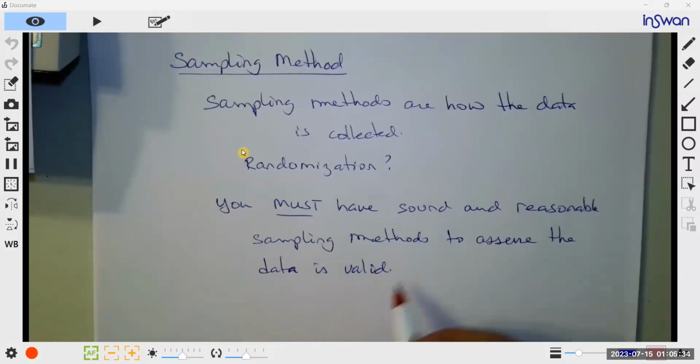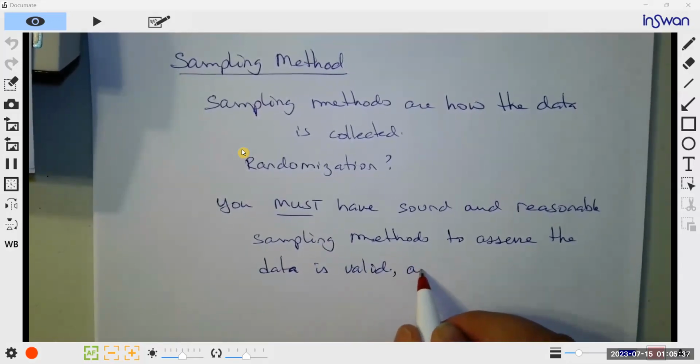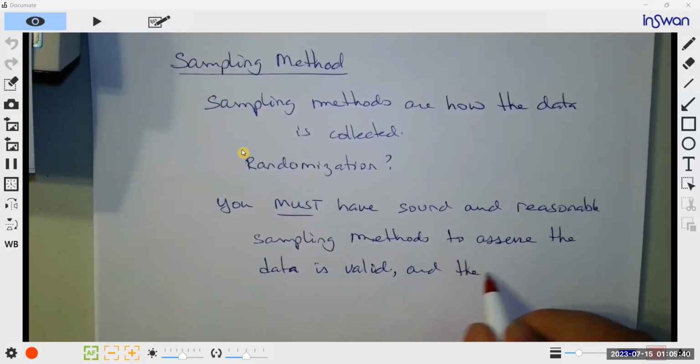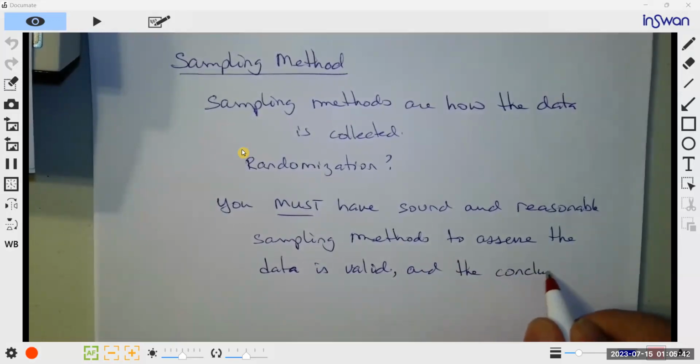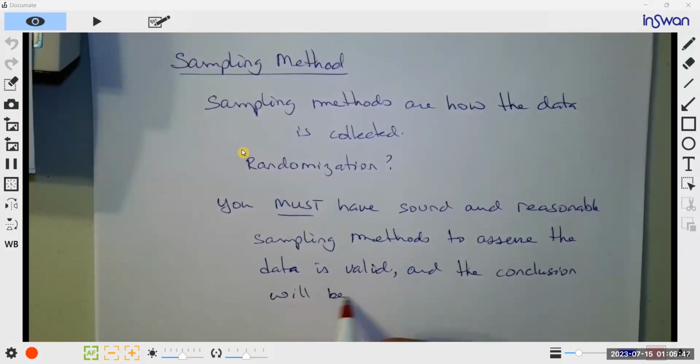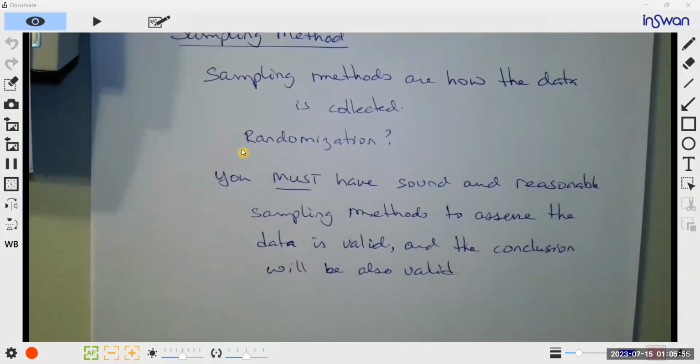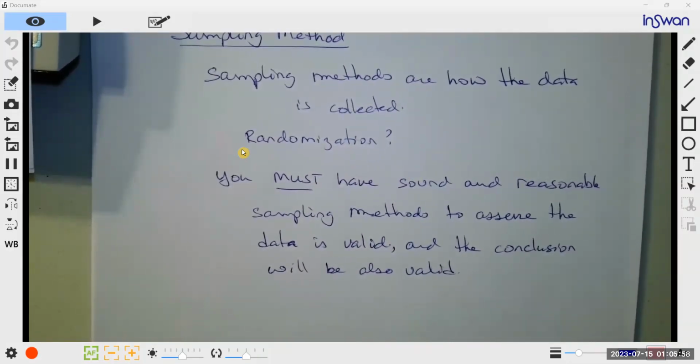If the data is valid, the conclusion will be also valid. So what that means is if you collect the data incorrectly, I don't care what you do with the numbers, it's going to be wasted for you.